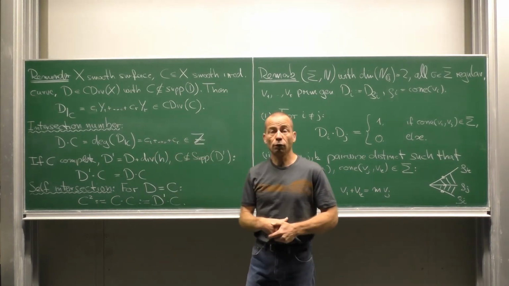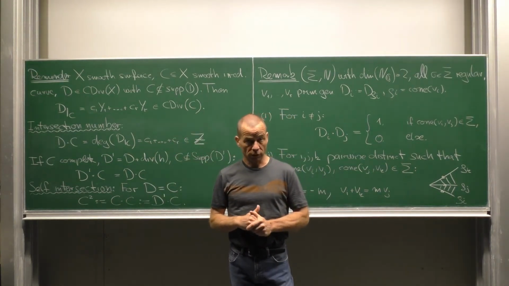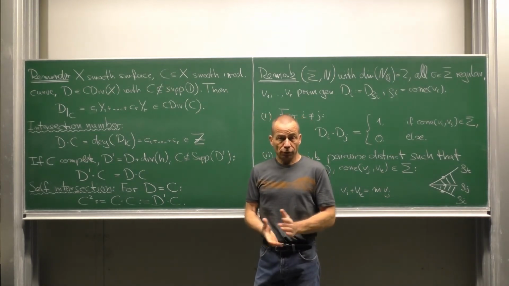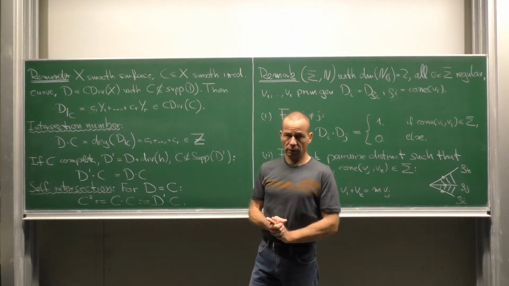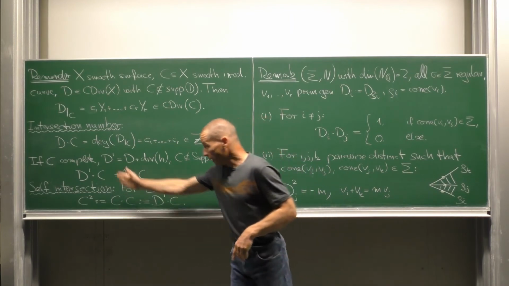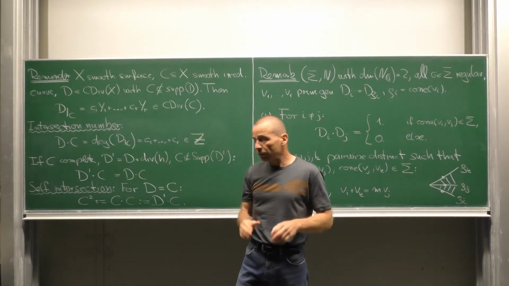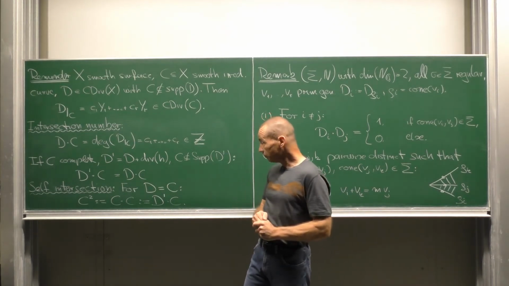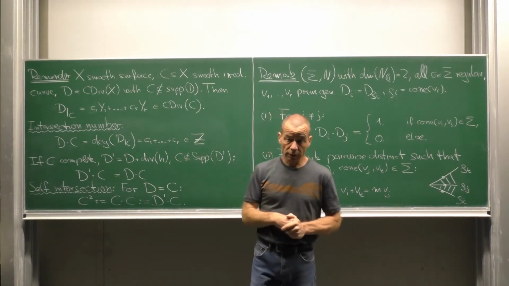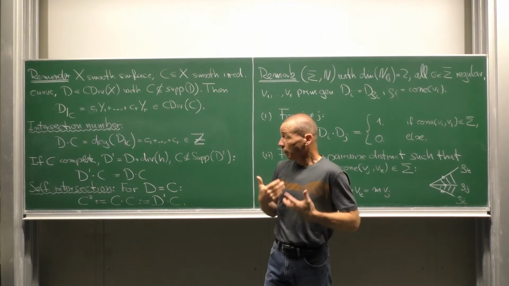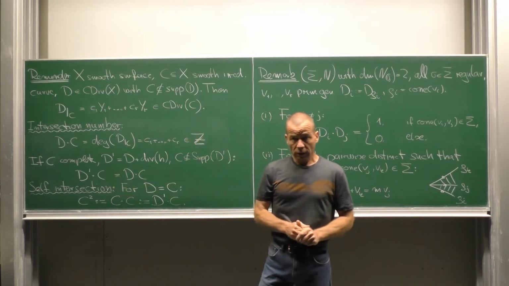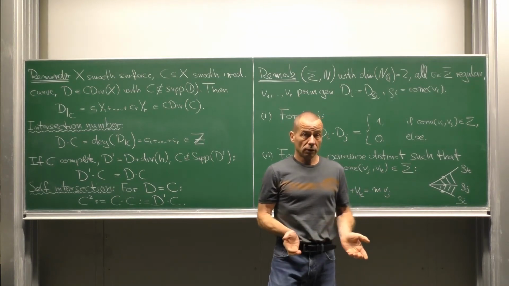the sum of the coefficients of the restricted divisors. If the curve C is complete and we have another Cartier divisor D' which differs only by a principal divisor from D, and C is not contained in the support of D', then the intersection numbers D dot C and D' dot C coincide.